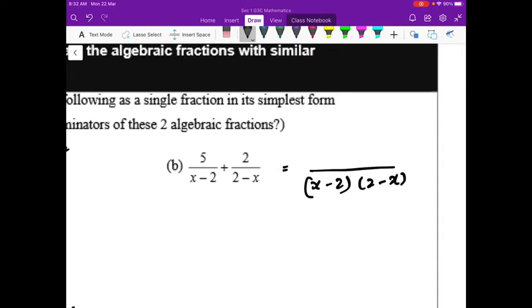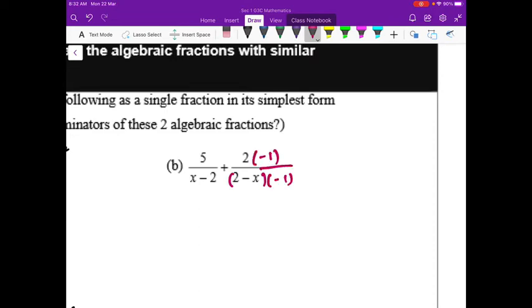And then, as you continue, it will not be simplified. Why? Because the denominator can actually be made the same. x minus 2 and 2 minus x are very similar. All we need to do to change one to the other is multiply by negative 1, and in the same way, the numerator times negative 1.